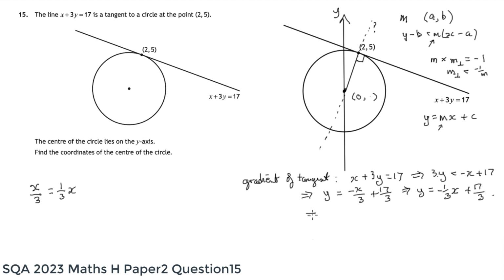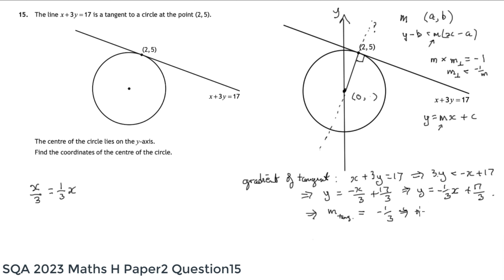So that implies that the gradient of the tangent is -1/3. So it's a gently sloping downhill graph, 3 along, 1 down, 3 along, 1 down. That's what -1/3 gradient means.